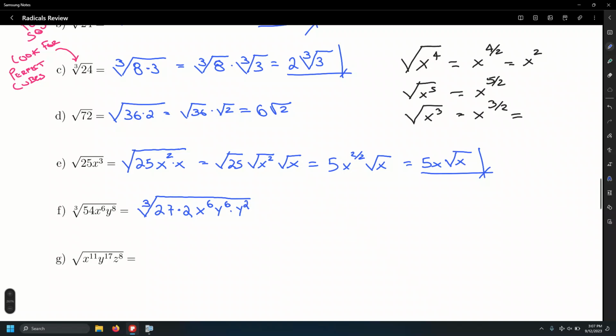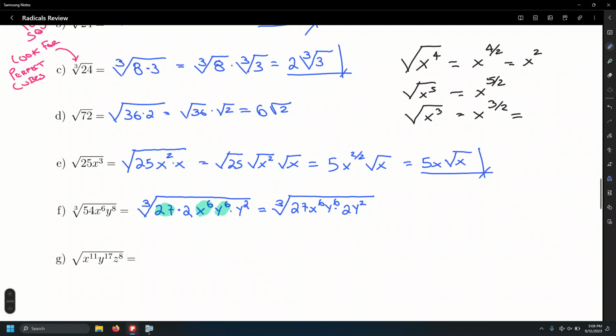Now here's what I would like to do. I'm going to group, let me highlight all the perfect cubes in here, and write them together. I'm going to write the cube root of 27, x to the 6, y to the 6, and write the 2y squared right after. I'm grouping the perfect cubes first. Then I'm going to use the properties of radicals.